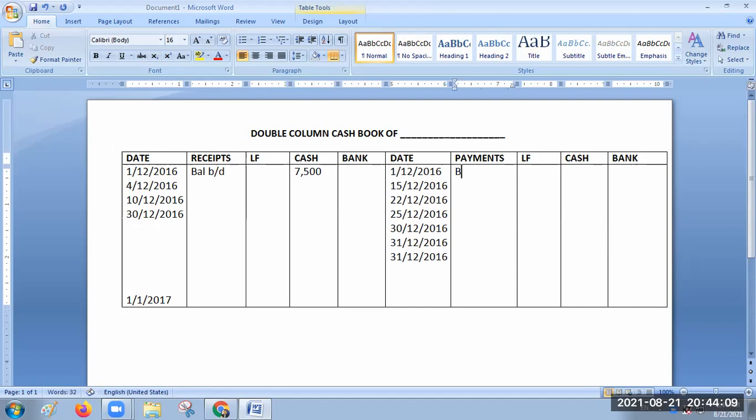I mentioned initially that cash balance will always be debit, but bank sometimes can be a negative balance also. You can take a loan from the bank by way of overdraft. In such a case, the bank credit side will be more. So that amount you have to show on the credit side.